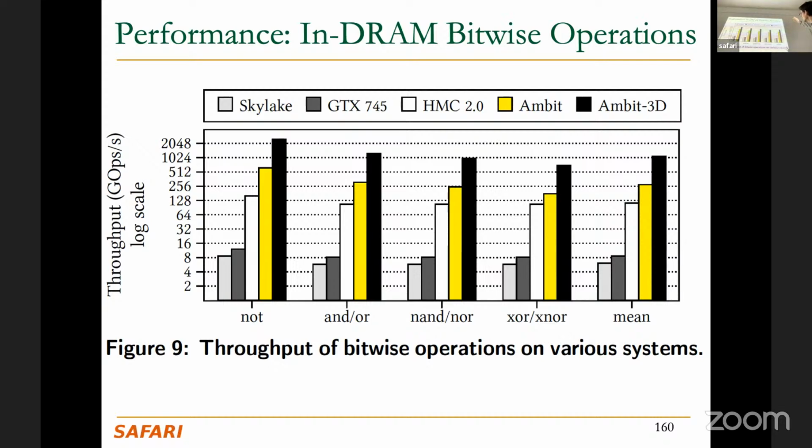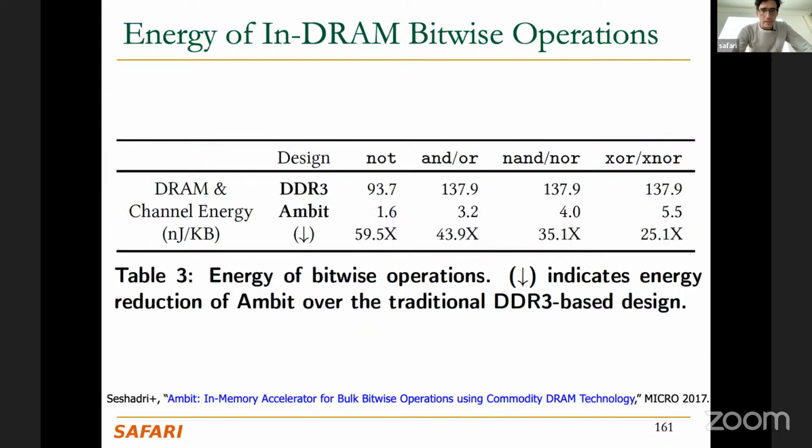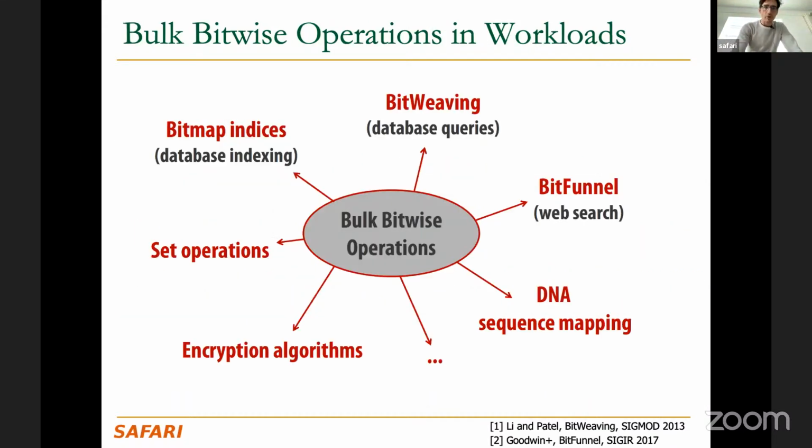If you compare AMBIT and AMBIT 3D to other devices like the Skylake CPU or NVIDIA GTX 745 GPU, we see basically 2 orders of magnitude performance improvement, at least in terms of performance and also in terms of energy consumption. And the AMBIT paper also showed how to apply these bulk bitwise operations to different workloads.